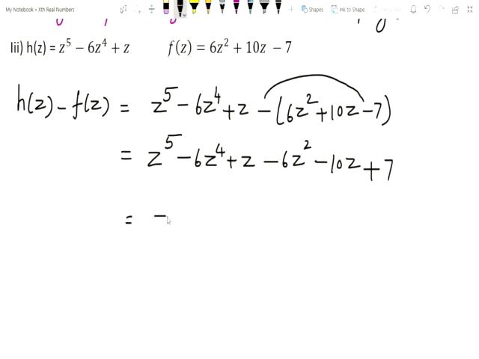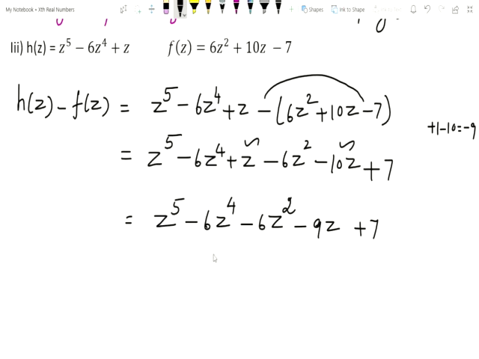Now z power 5, then z power 4, only one term each, minus 6z power 4, then minus 6z square. Next, plus z minus 10z, z is common, so plus 1 minus 10 you get minus 9z, plus 7. What is the answer? While subtracting this, you get z power 5 minus 6z power 4 minus 6z square minus 9z plus 7.